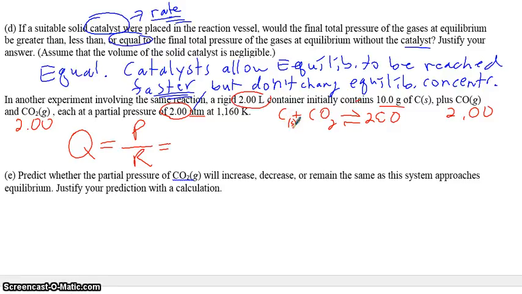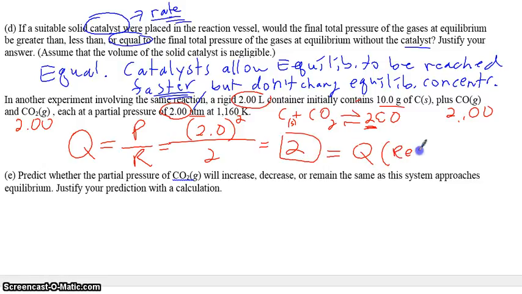But we want to calculate 2 squared divided by 2. So products over reactants are going to be, again, CO, which is 2.0 squared divided by 2. Again, squared, because products have a 2 for the coefficient. This is easily done without a calculator. We get 4 divided by 2, which gives us 2. So 2 is the reaction quotient.